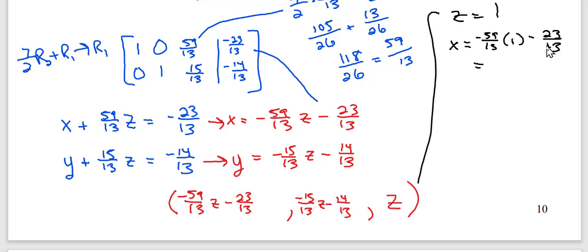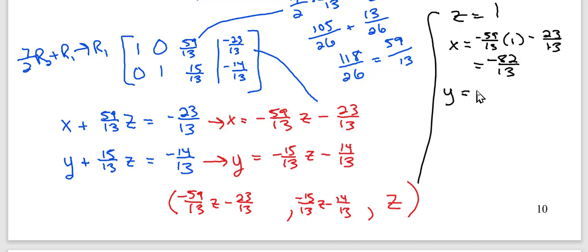Negative 59/13 minus 23/13. Their common denominator already, right? So negative 59 minus 23. My brain is tired tonight. Negative 82/13.